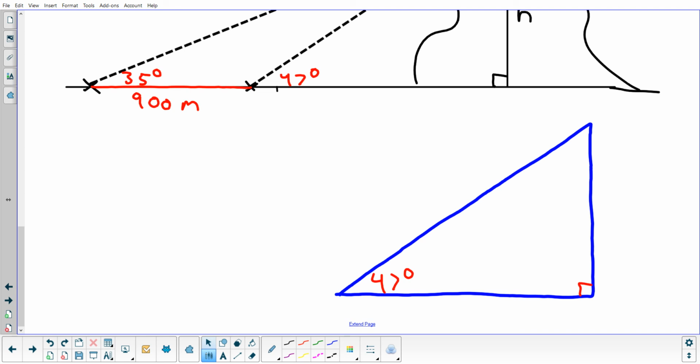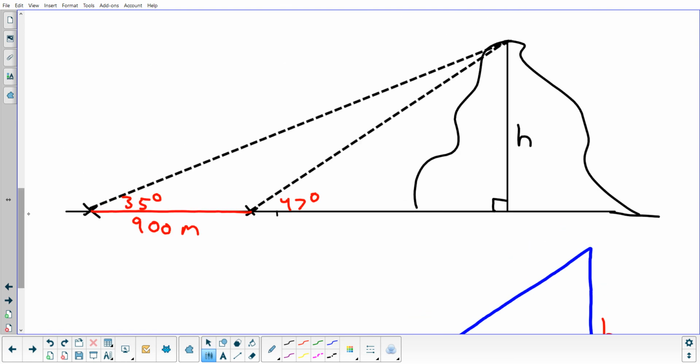You could get this other angle up here if you wanted it. You don't need it. But do you have enough information to solve for h in that triangle? No, you've got to know a side. You can't solve a triangle if you don't know any of the sides. You need more than just angles. So I'm going to have to come back to that one in blue. But what we can do is look at this one in red.